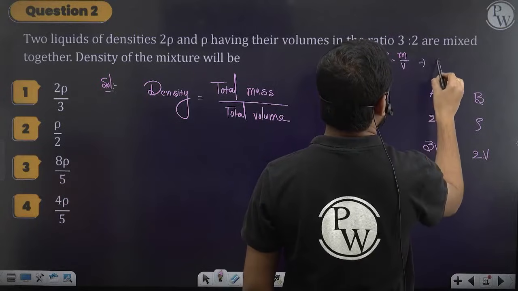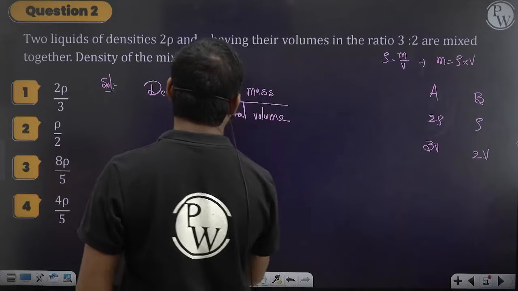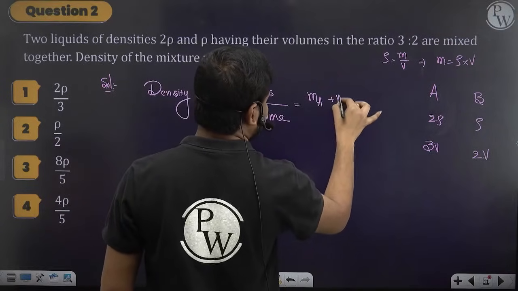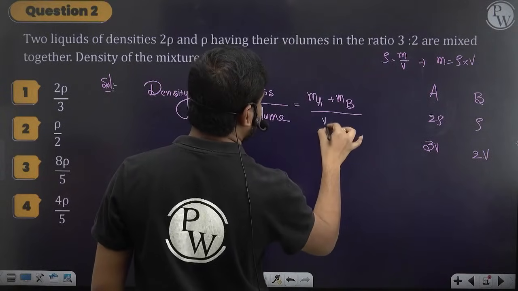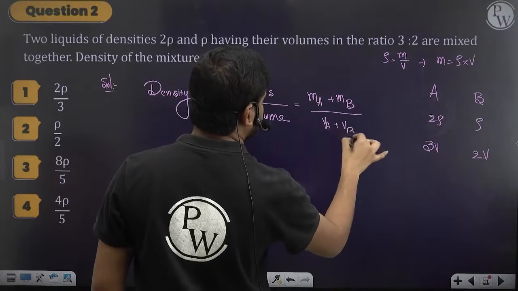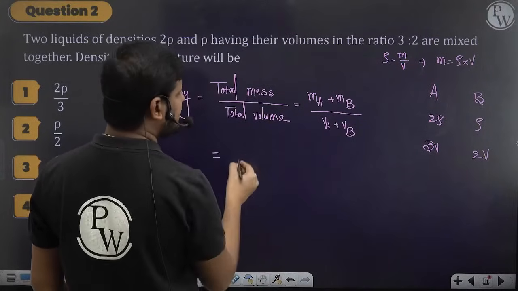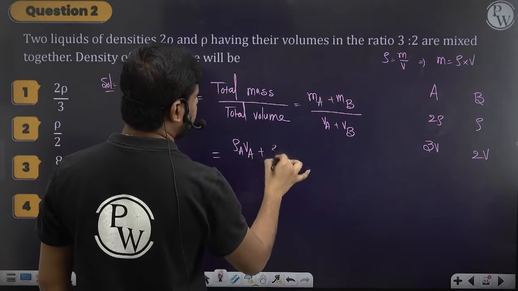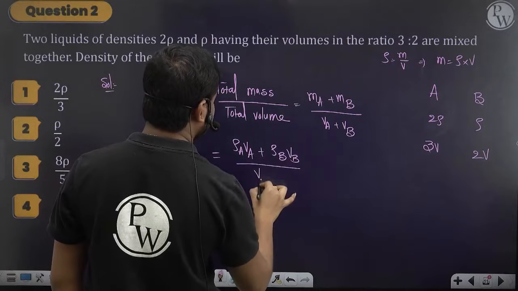So the total mass, which is nothing but MA plus MB, by the total volume VA plus VB. Let me write mass in terms of density and volume: ρA VA plus ρB VB by VA plus VB.